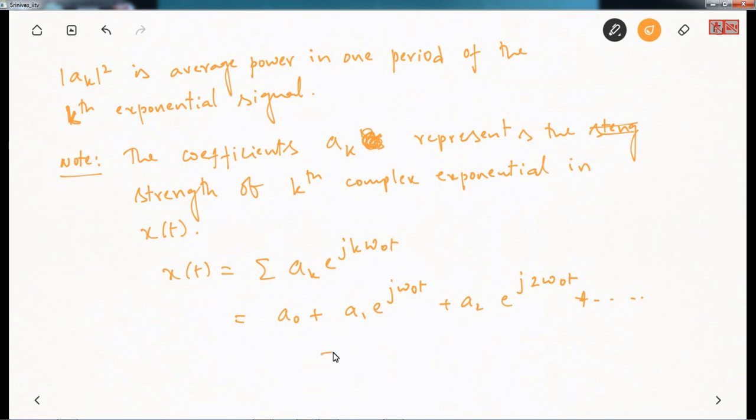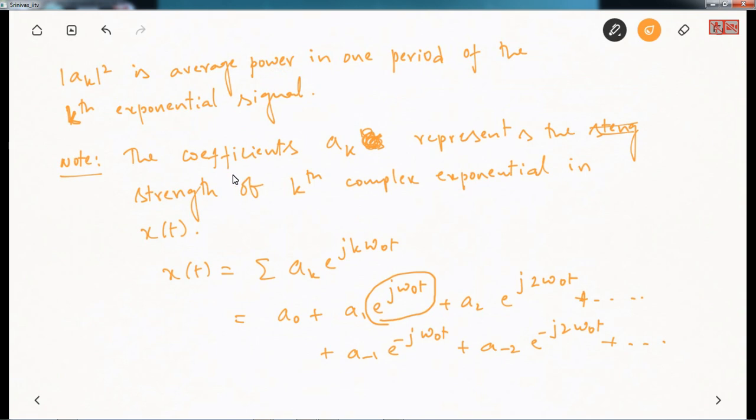Of course, we also have a minus 1 e power minus j omega naught t plus a minus 2 e power minus j2 omega naught t, and so on. So this complex exponential e power j omega naught t is getting multiplied by a1, e power j2 omega naught t is getting multiplied by a2.